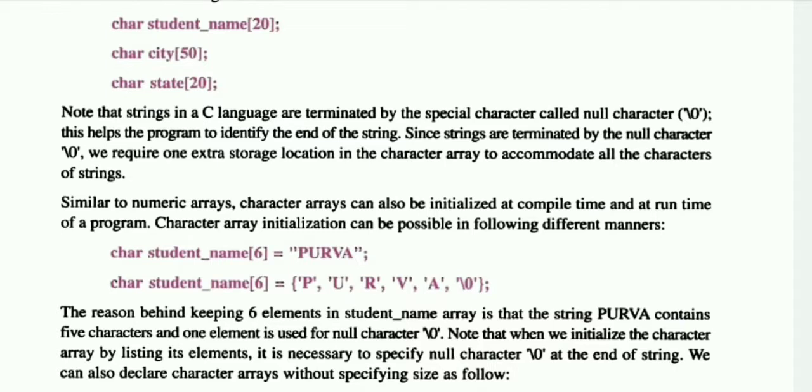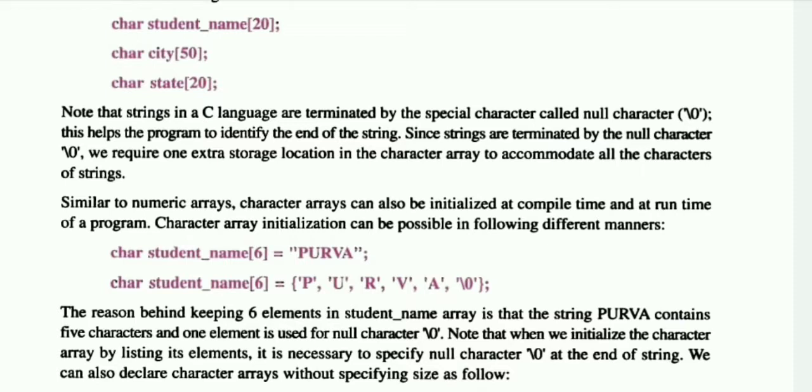So like this, there are two ways to give the string input here based on the size. And at the last we are using the null character. Note that when we initialize the character array by listing its elements, it is necessary to specify the null character that we add at the end of the string. We can also declare the character array without specifying the size.